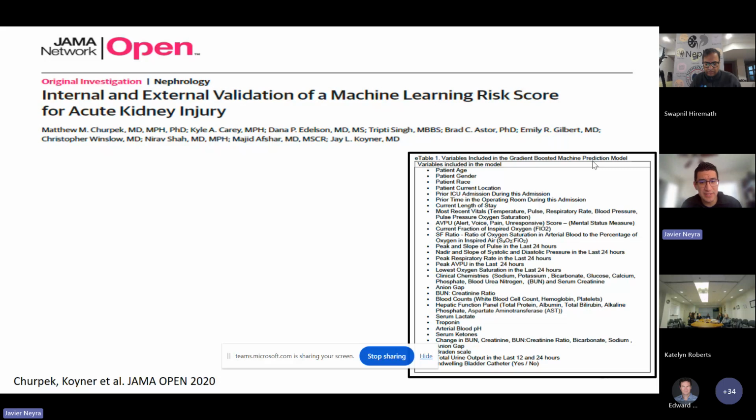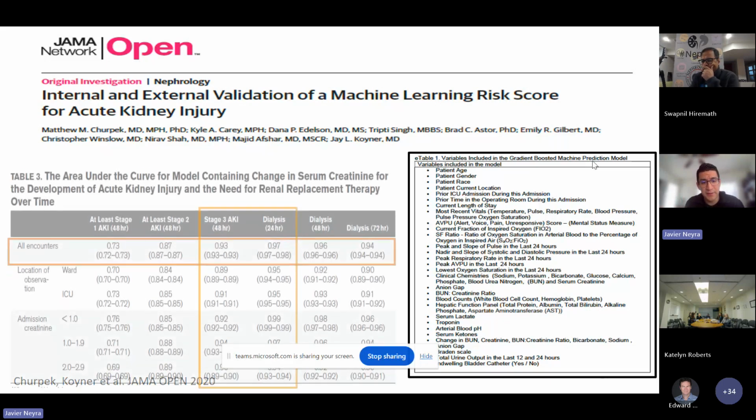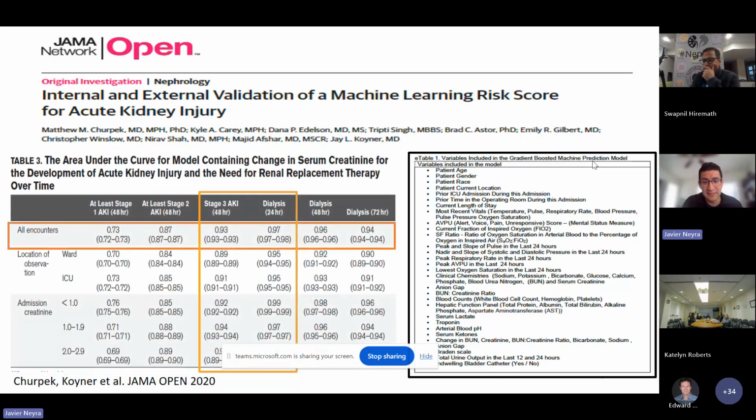Another example was from University of Chicago, ICU data. Again, as you can see in this table, very small, multiple features were evaluated for model input, from patient demographics to hemodynamic and biochemical characteristics, to predict, from data in the first 2 days of ICU admission, the occurrence of AKI in the subsequent 24 or 48 hours.